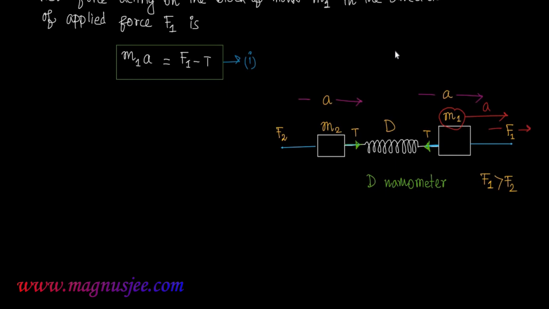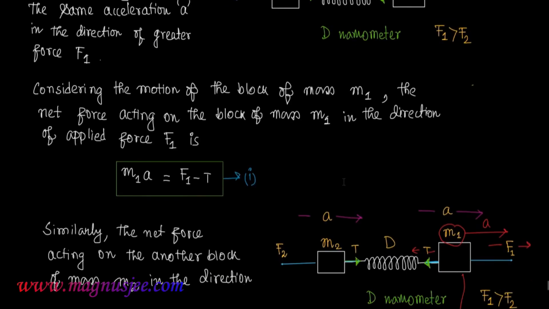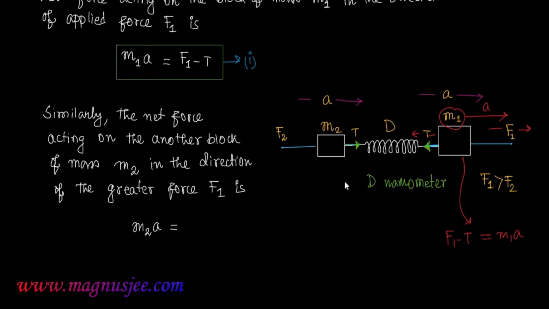Similarly, the net force acting on the other block of mass M2 is given by M2 dot A, that is mass into acceleration, which will be equal to T minus F2.